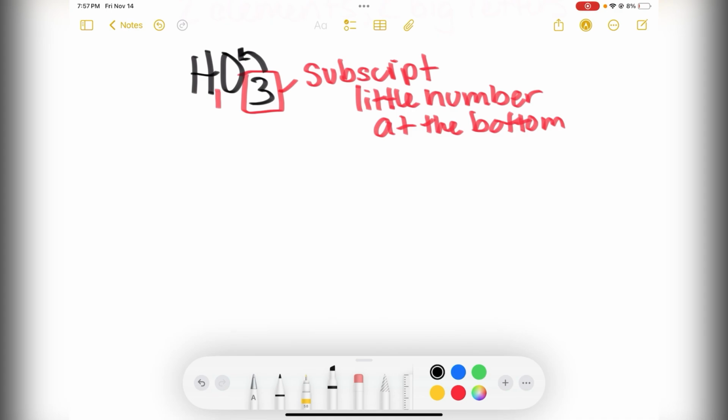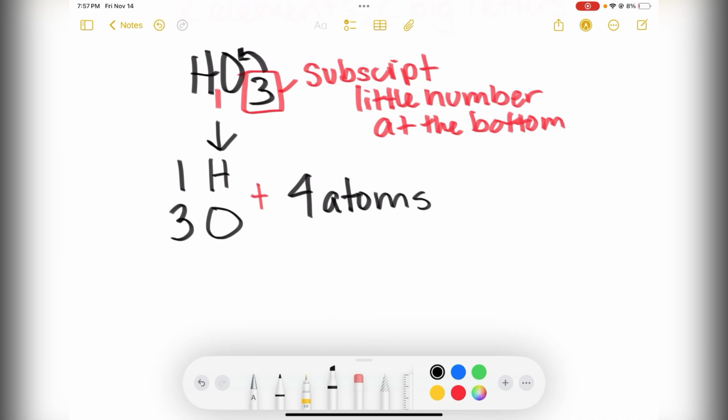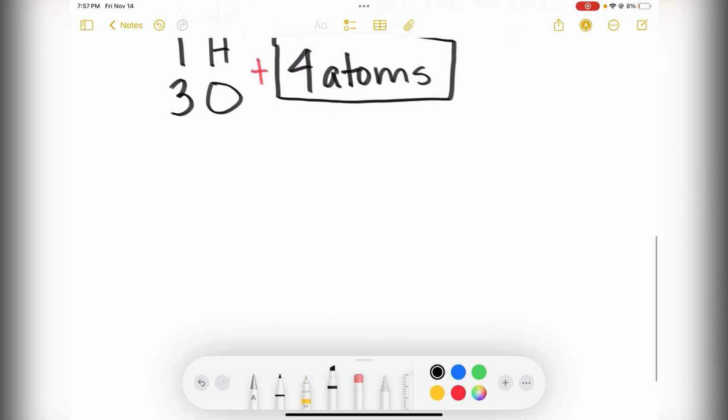All right, easy peasy. Next step, we count them up. Okay, so we have 1 H, we have 3 O, add them together, and that equals 4 atoms in the chemical formula. 4 atoms. Okay? So that is how you do that with a subscript.